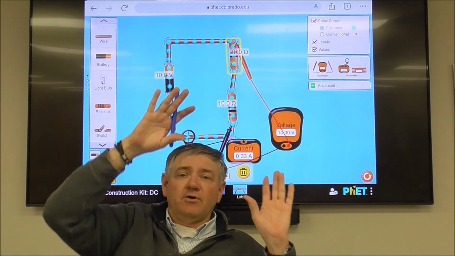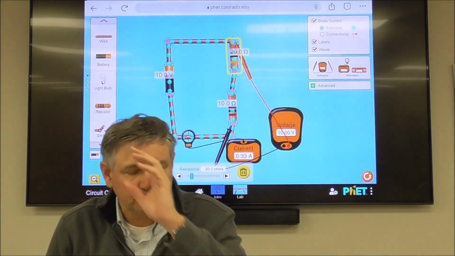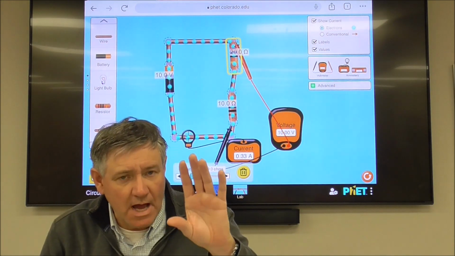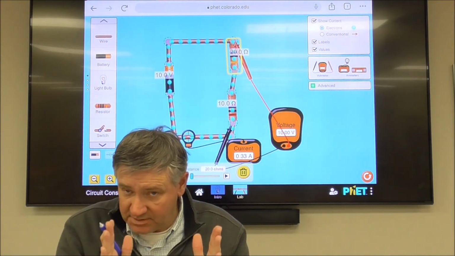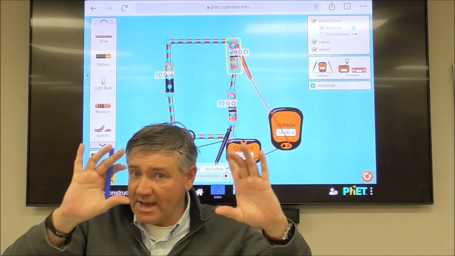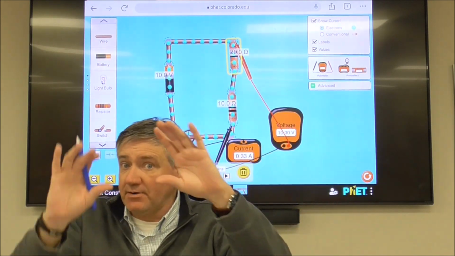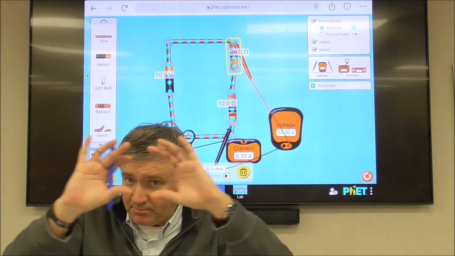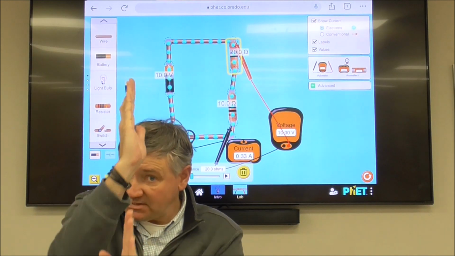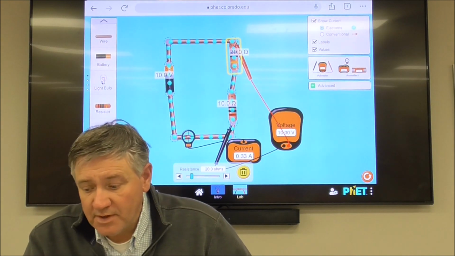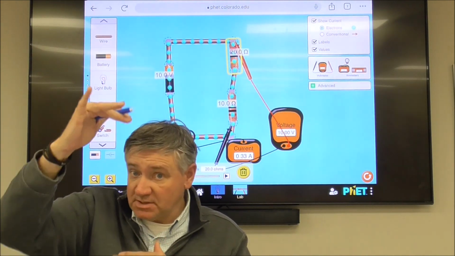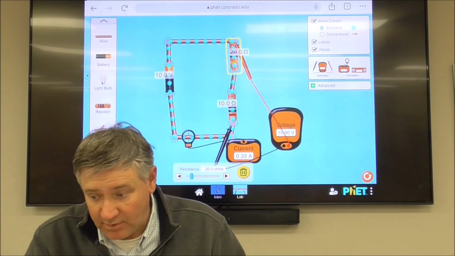So if you hearken back, if you have parallel resistors, they're both going to have the same voltage drop as the battery. You have a 10 volt battery, 10 volt, 10 volt, there you go. If they're in series though, the overall voltage across everything is going to be the 10 volts.